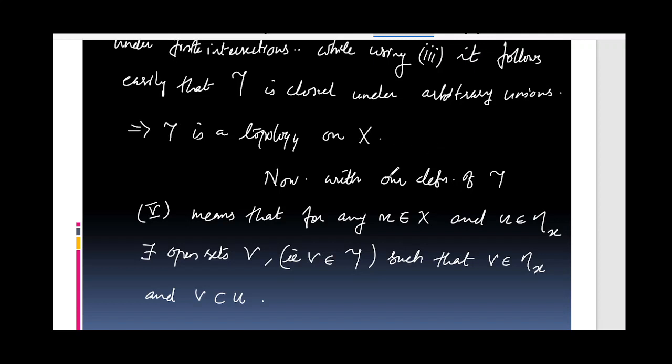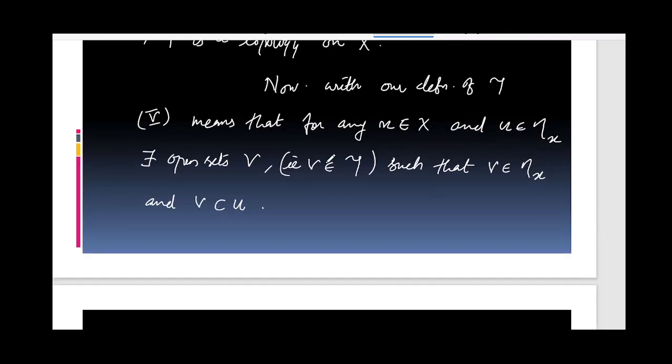Now we want to show that in this topology, the neighborhood system is exactly the Nx itself. So with this topology definition, for any x belongs to X, there exists a U belongs to Nx, there exists some open set V, right?